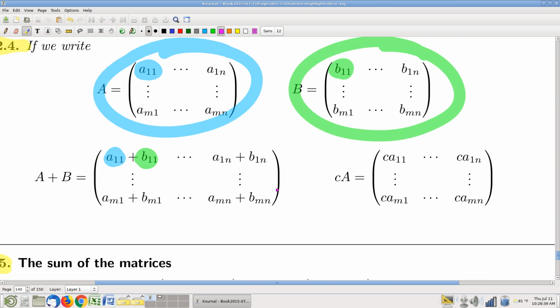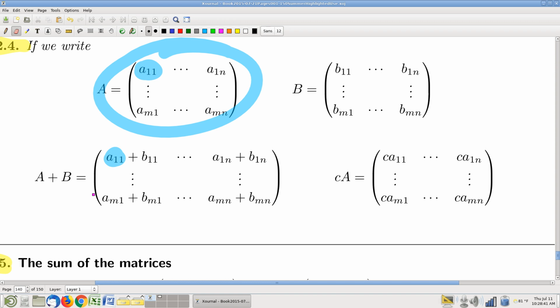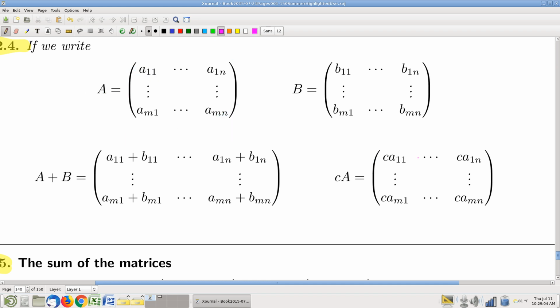And the punchline is that if you want to multiply this matrix times a scalar, then you just multiply that scalar times all the individual elements. And again, that's probably what you would have guessed if you had just wanted to make a naive guess.